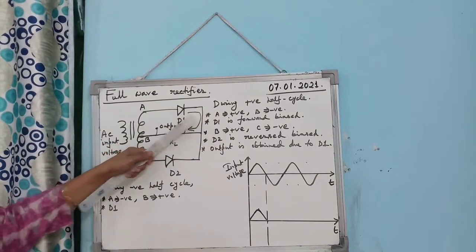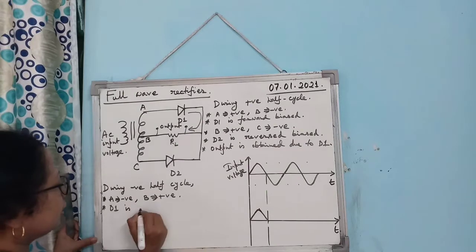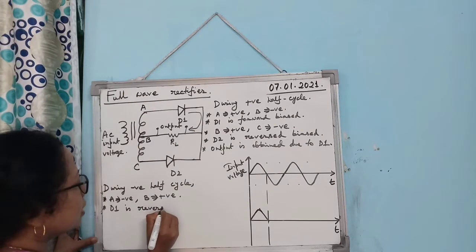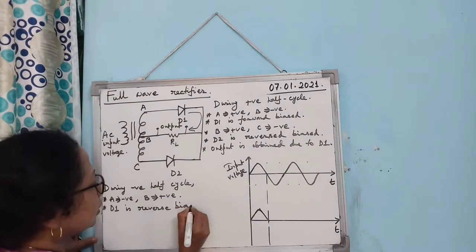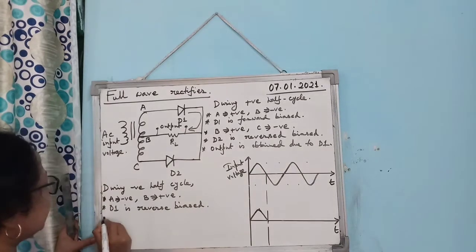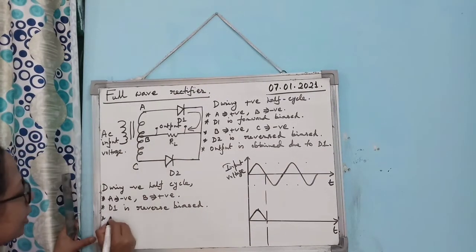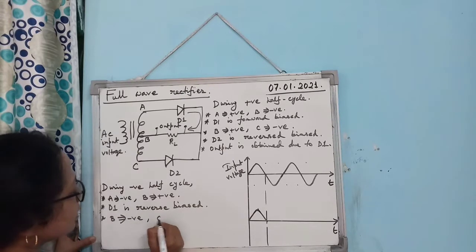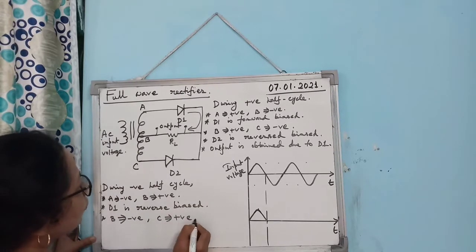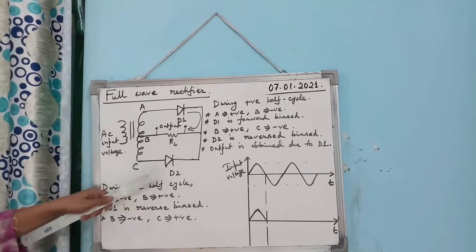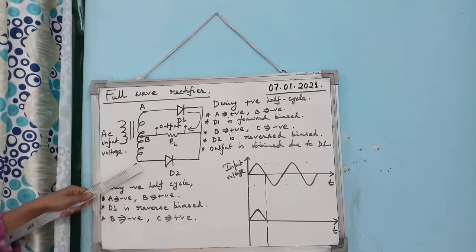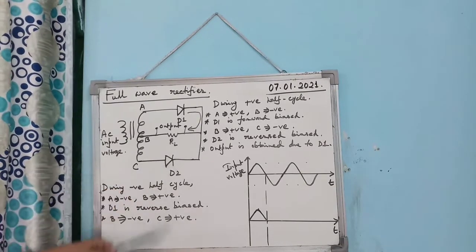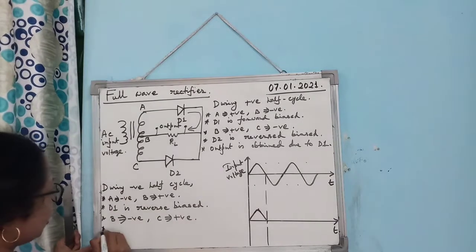So, D1 is reverse biased. Now, if you consider the two points B and C, then B is negative and C is positive. Is that clear? So look at diode D2. C is positive, positive connected to P. So D2 is forward biased.